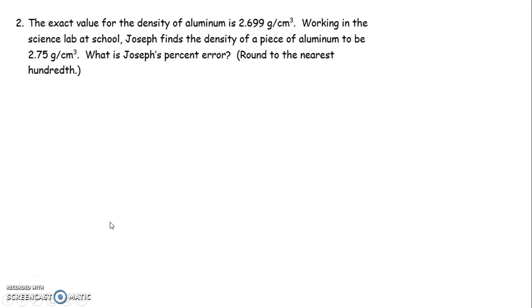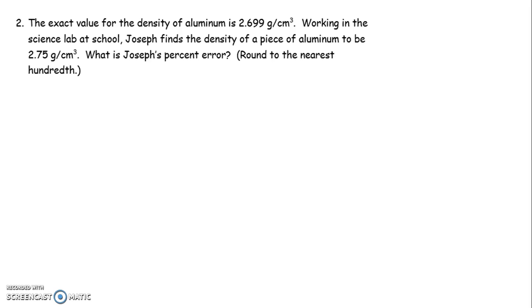All right, let's take another look at another example. It says the exact value for the density of aluminum is 2.699 grams per centimeter cubed. Working in a science lab at school, Joseph finds the density of a piece of aluminum to be 2.75 grams per centimeter cubed. Humans have measurement errors a lot of times, like we might read our graduated cylinder incorrectly.